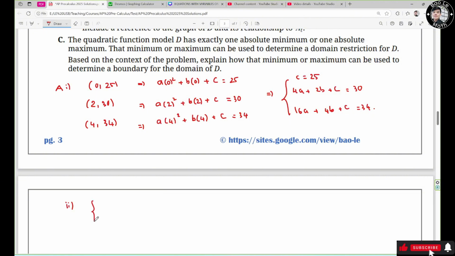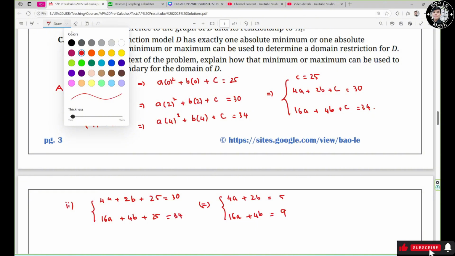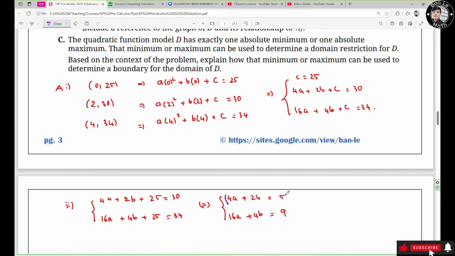So we have 4a plus 2b plus 25 equals 30, and 16a plus 4b plus 25 equals 34, right? Now I'm going to subtract 25 from both sides, so it becomes 4a plus 2b equals 5, and 16a plus 4b equals 9, right?